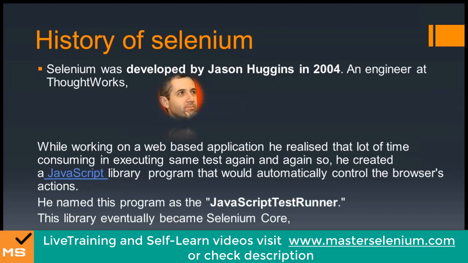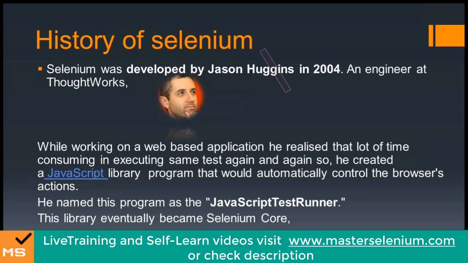Eventually a lot of people contributed to it, and they introduced it as a separate tool called Selenium Core. So the JavaScript runner was developed into Selenium Core, not only by Jason Huggins, others also contributed to develop it.